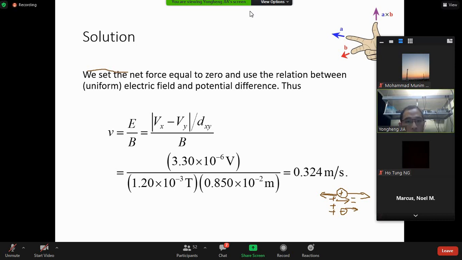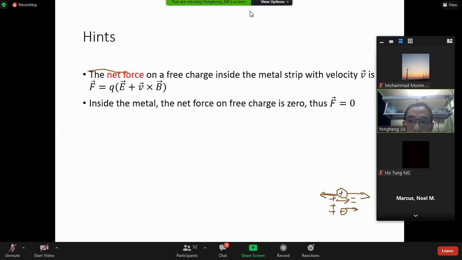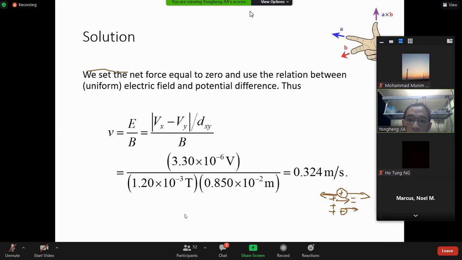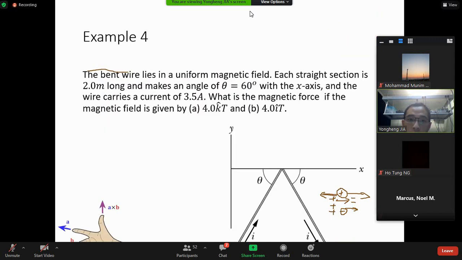For this question, actually the direction is given as upward, right? It's given, so we can simply get the speed. Okay. Now the fourth question.